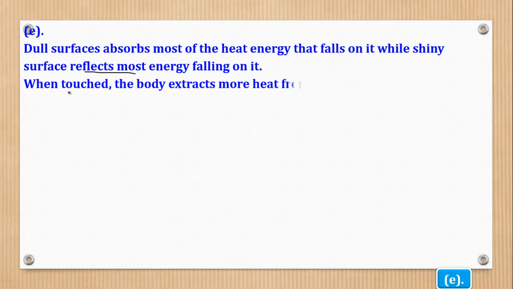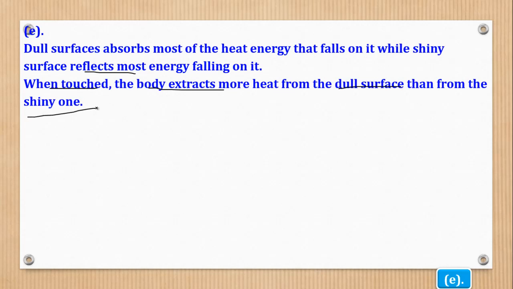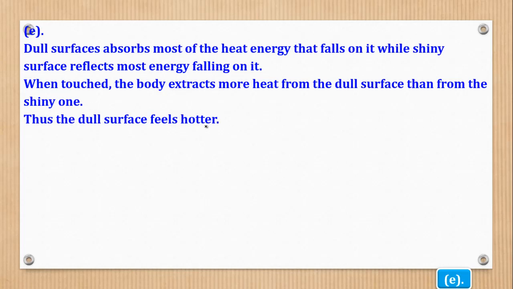So what does that mean? It means that when touched, the body extracts more heat from the dull surface than from the shiny one. Thus, a dull surface feels hotter. And that's what they wanted.